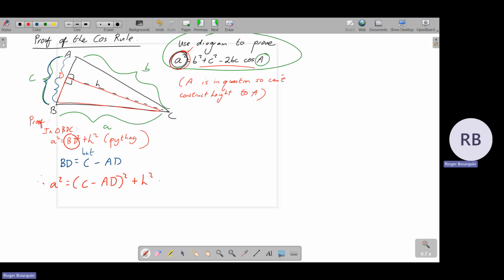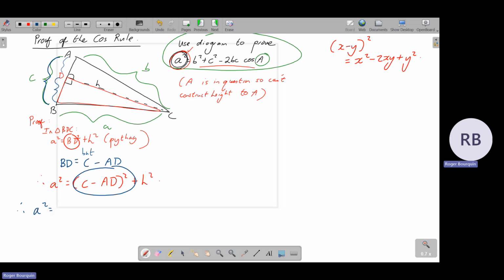So a squared is equal to c minus AD, squared out. Now you're going to square it using the logic that x minus y squared is x squared minus 2xy plus y squared. So in this case, I'm going to square c minus AD.